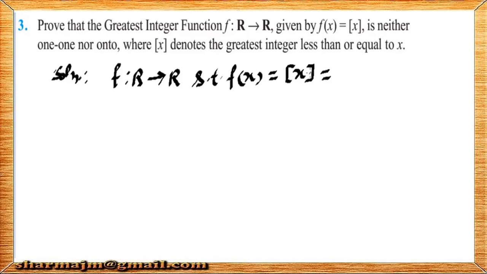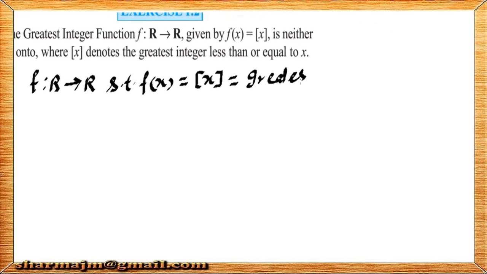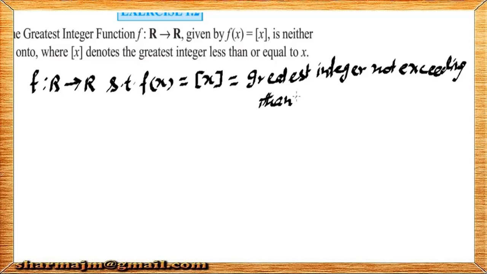So the meaning of this greatest integer function is, you can write greatest integer not exceeding x. Okay, now he is asking to check this for 1 1 function and onto function.